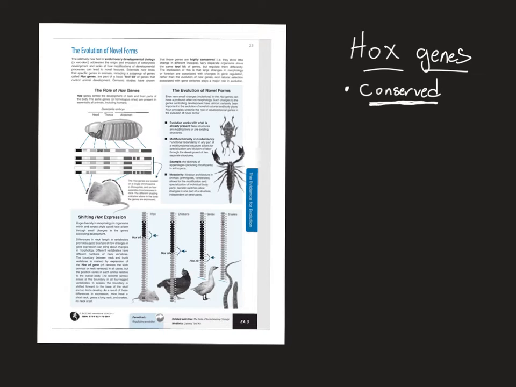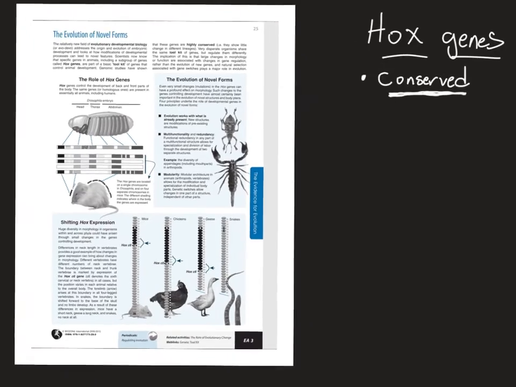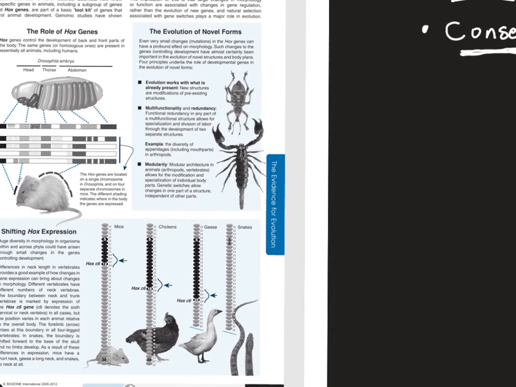So when we look at what happens when you evolve new forms, we have to consider that you don't have to start from scratch. You can take something that already exists and adapt it and change it slightly, and then all of a sudden it changes the function. So again, let's make sure I'm clear that when you have a structure that already exists, and you modify it, that's one way in which you can get evolution, right?